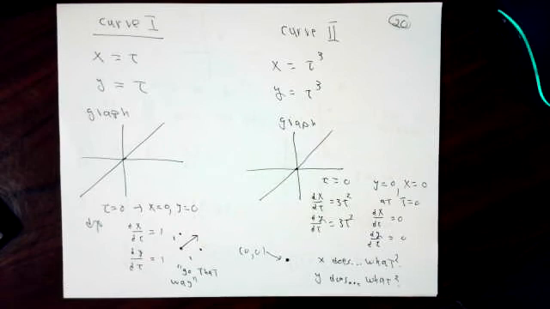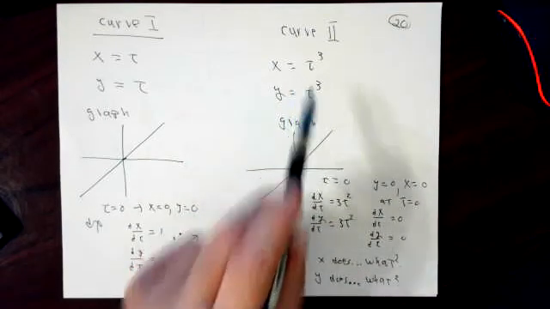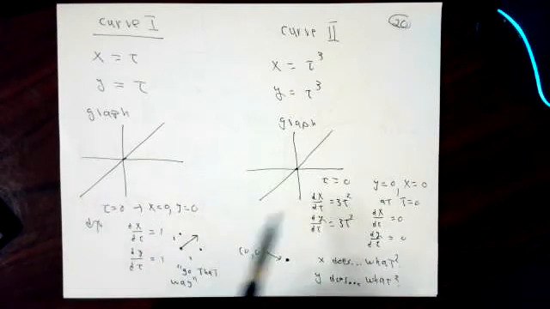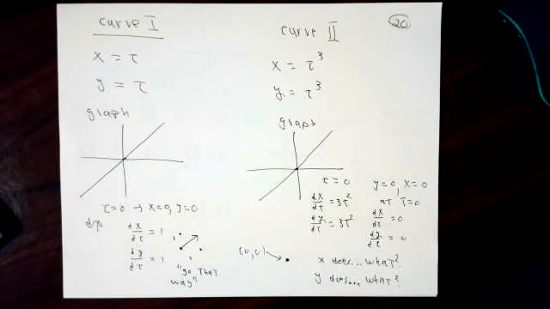As t takes on all real values, so do x and y. x is t cubed and y is t cubed, so y and x are the same thing. The graph for this curve is exactly the same thing as the graph for this curve. It's a straight line that passes through the origin, slope 1.